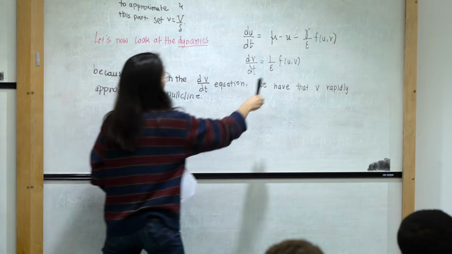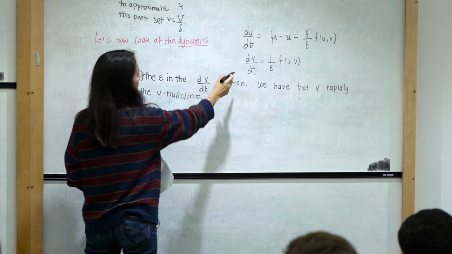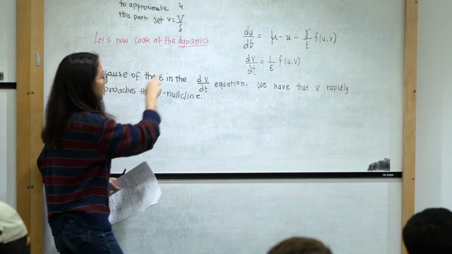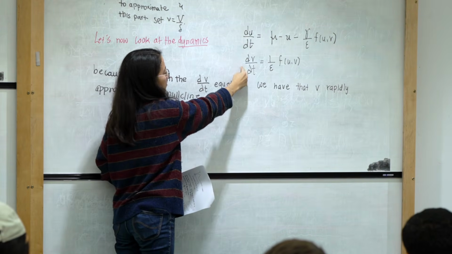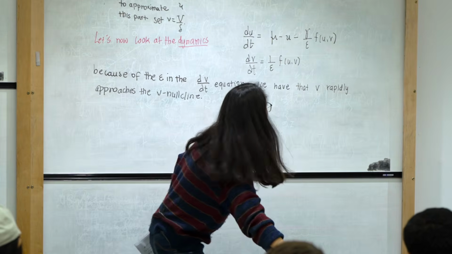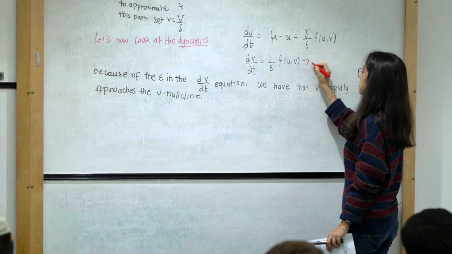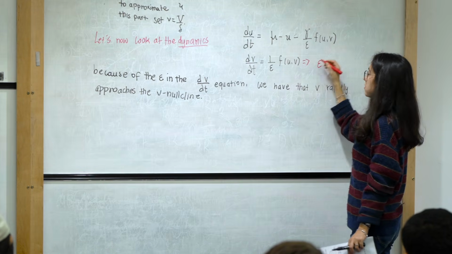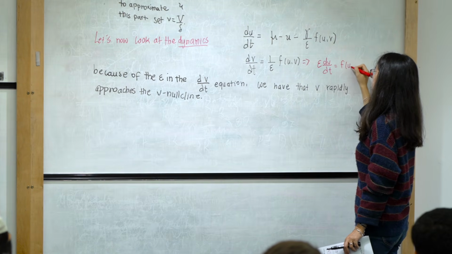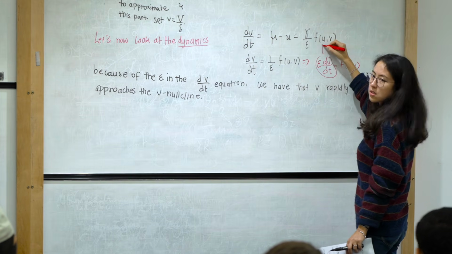But there is also the epsilon in this equation over here. And since I have this, I can now rearrange it, or rather plug it in, and write this as du dt with something involving dv dt also, right? So if I write it as epsilon dv dt is equal to f of u comma v, I can take this and plug it in here.